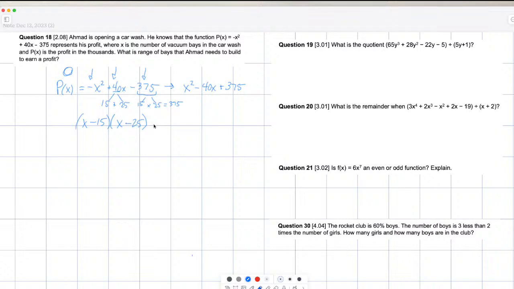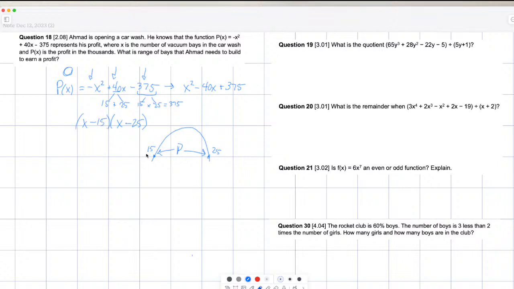So our two values, this is going to be a downward opening parabola, and the values are going to be 15 and 25. So it's going to be 15, and this one over here is going to be 25. And the profit is all going to be in here between this and this point. And remember, at 15 and 25, your profit is 0.